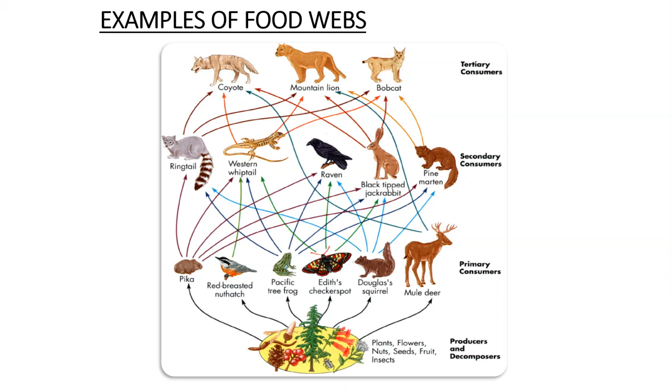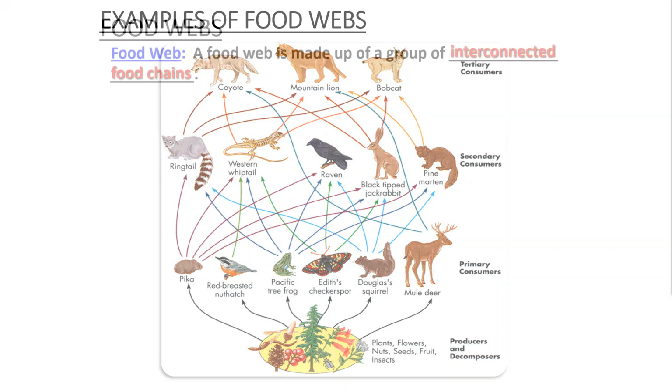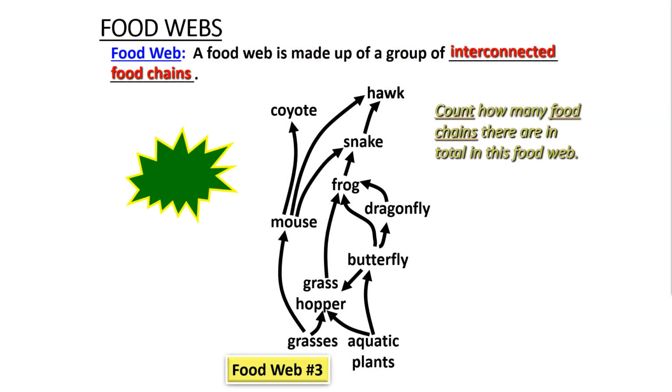There are a lot of interconnected organisms within our ecosystem. So our food web is made up of that group of interconnected food chains. So I want you to take a look at the food web that I have right here. How many different chains can you count in this food web?